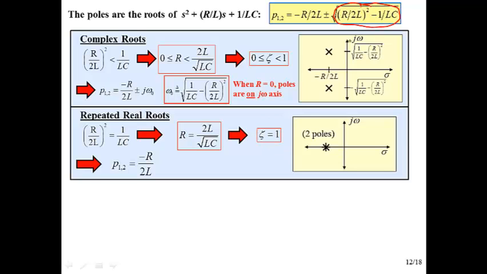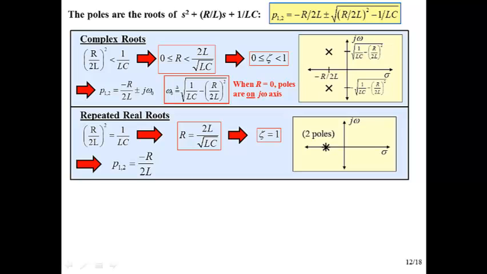It's not important that you necessarily memorize that, but you should be aware of it. Again, that would be a nice interview question, but only for somebody who's really applying for a job in analog circuit design or control systems.